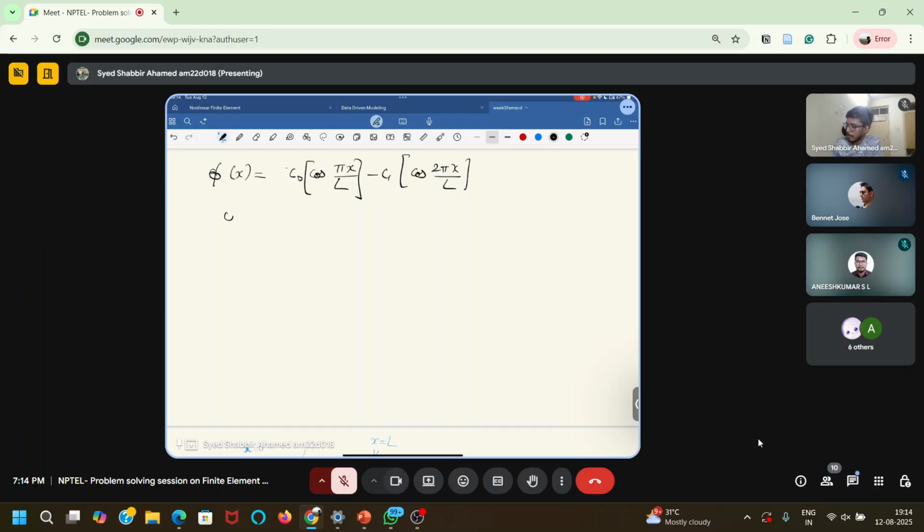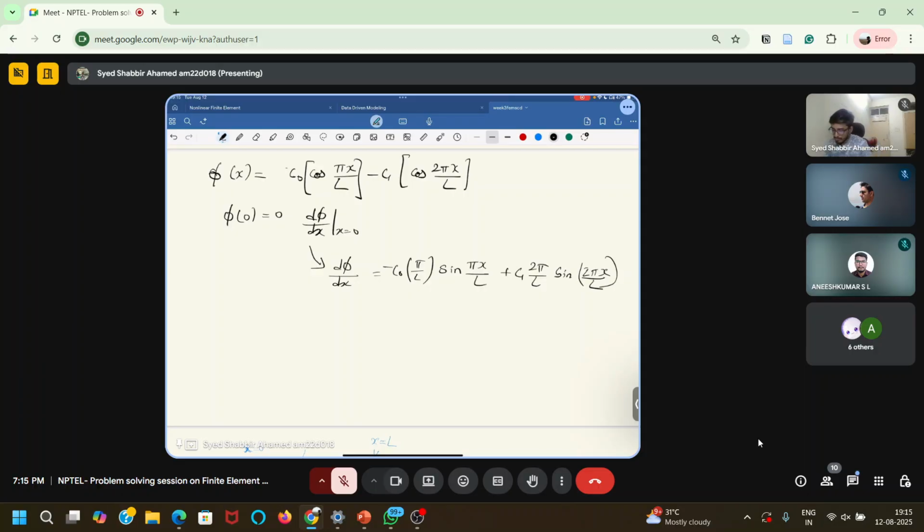Will it satisfy phi of 0 is equal to 0 and d phi by dx at x equals 0? If you do d phi by dx, you will get c naught into pi by l into cos, minus sin pi x by l. This will become c1 into 2 pi by l into sin 2 pi x by l.